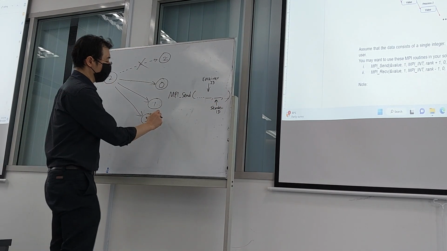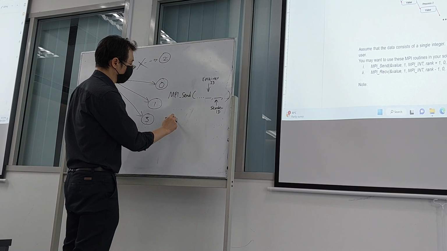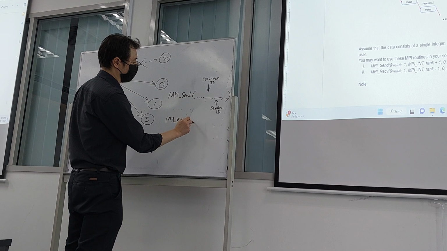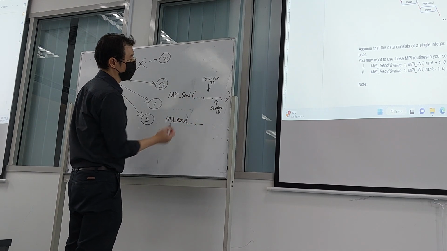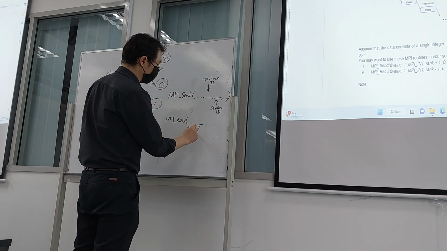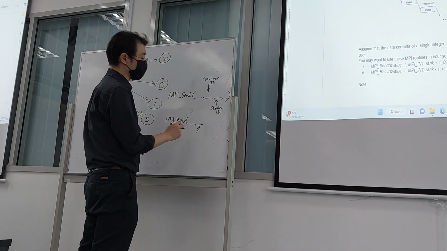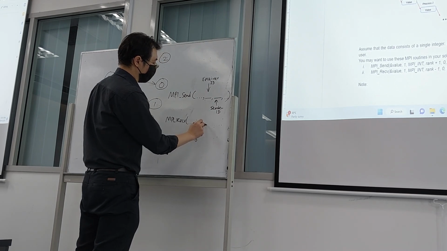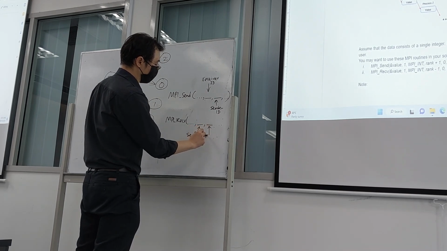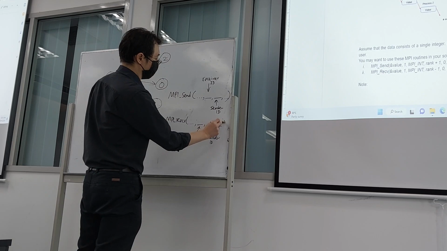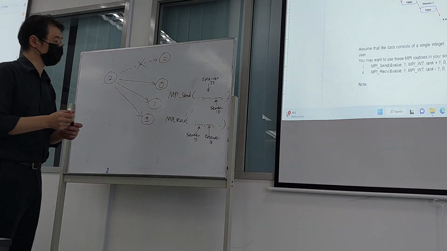How about MPI receive? The first one is the sender. The second one is the receiver. Okay, that's how it is arranged.